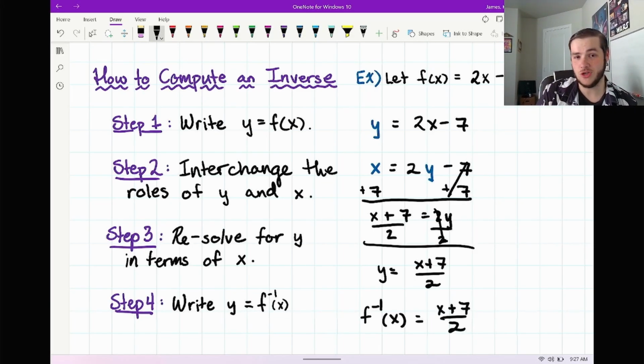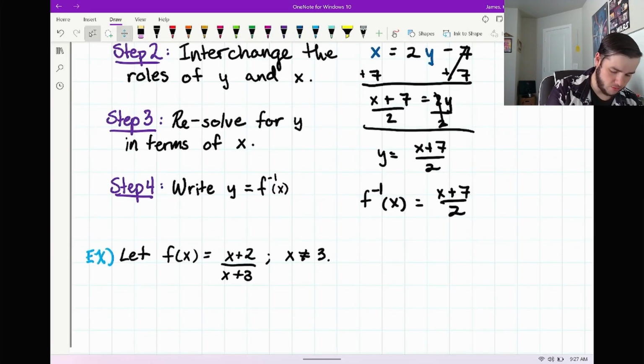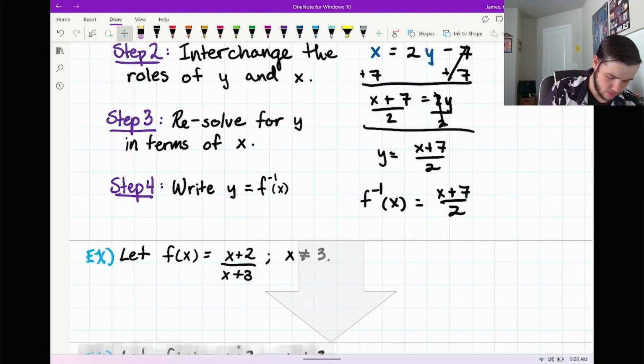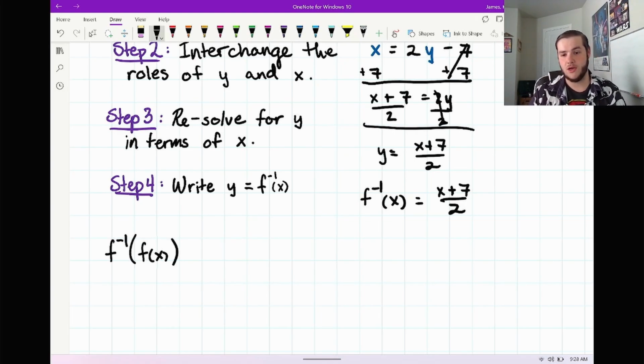Now, if you're not sure if you've done this process correctly, there's a surefire way to make sure that you have done it properly, and that's to check your answer. Let me give us a little bit more room here. You should be able to take f inverse and plug in f of x and get back x, like we learned in the first video.